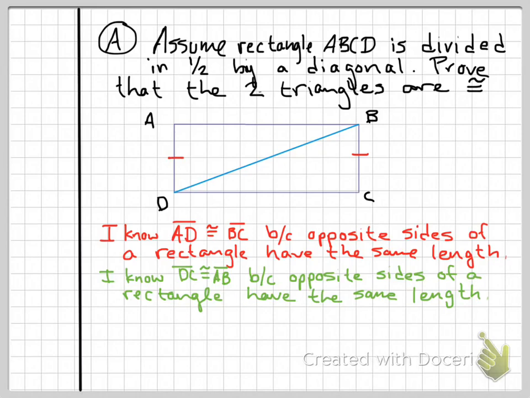Now don't forget, once you know that, you want to mark it on your diagram. So now I have two sides in each triangle that are congruent. From side angle side, I could try to see if the angles between those are congruent.